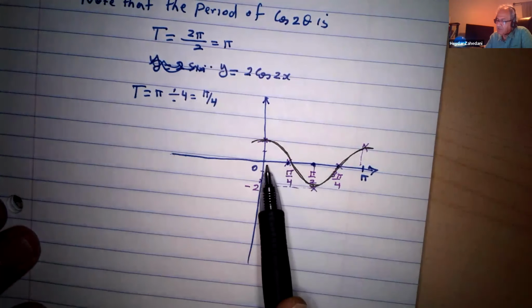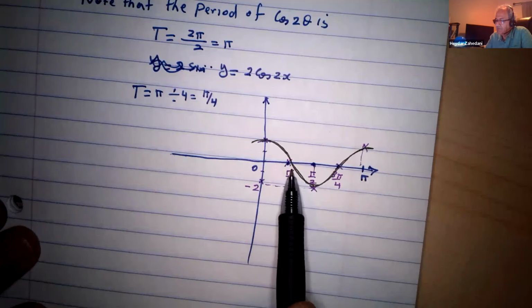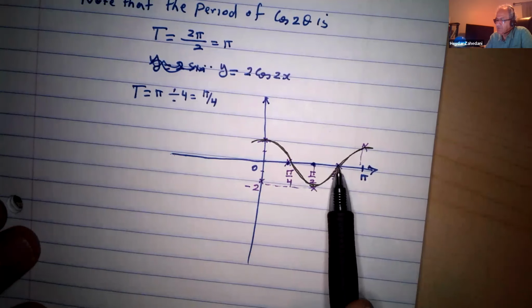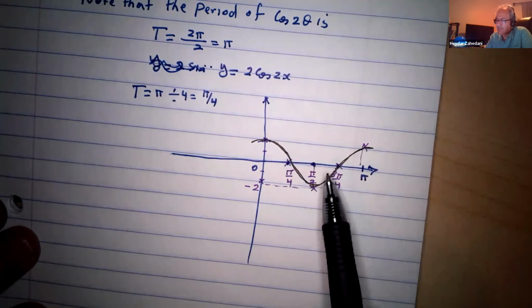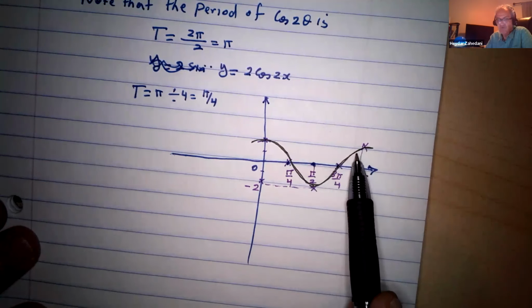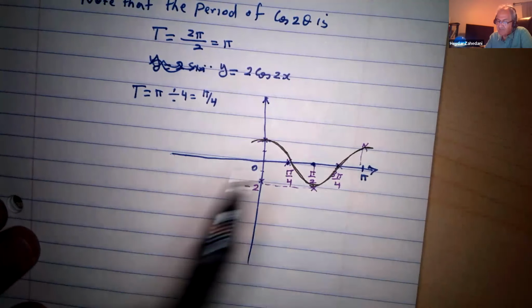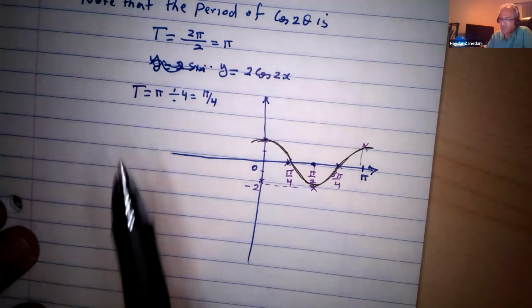The 4 parts are between 0 and pi/4, then between pi/4 and pi/2, and pi/2 and 3pi/4, and 3pi/4 and pi. So 1, 2, 3, 4 parts, as we do for all these graphs. That will help you to classify it in this format.